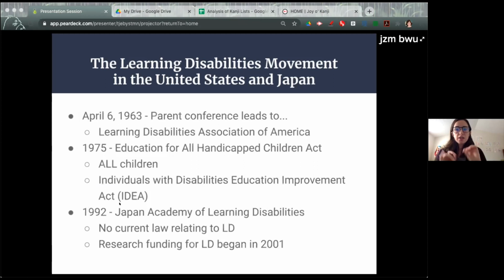Just to understand how revolutionary this was, prior to 1975, it was completely legal, and in many places it was established in law, that schools didn't have to educate children who had disabilities.